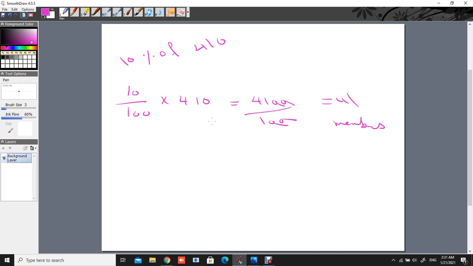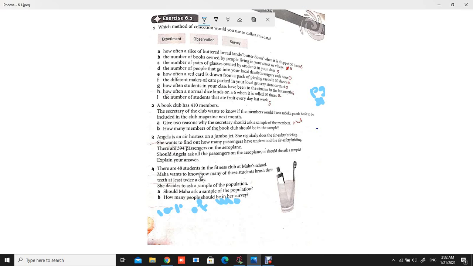Now here, question 3. Angela is an air hostess on a jumbo jet. She regularly does the air safety briefing. She wants to find out how many passengers have understood the air safety briefing. There are 394 passengers on the airplane.